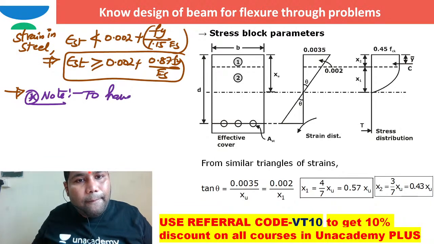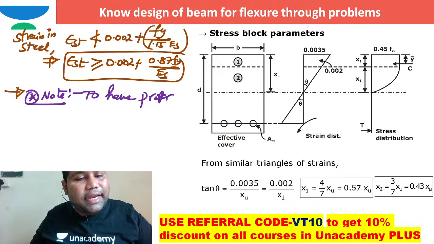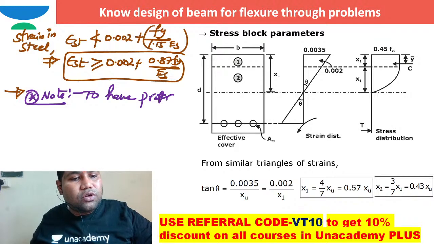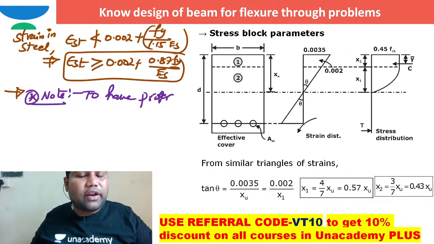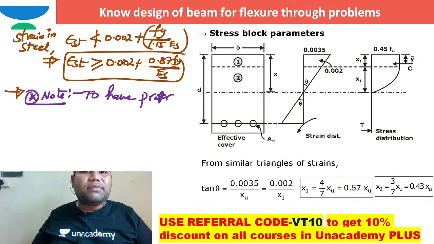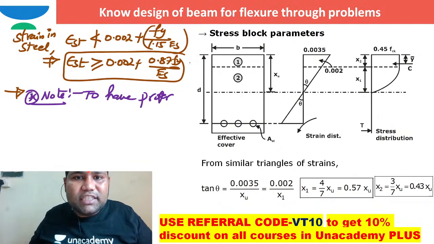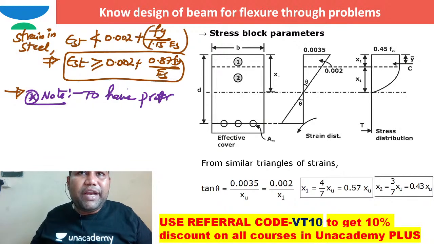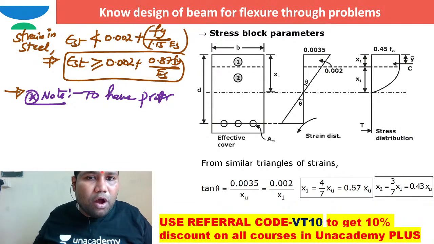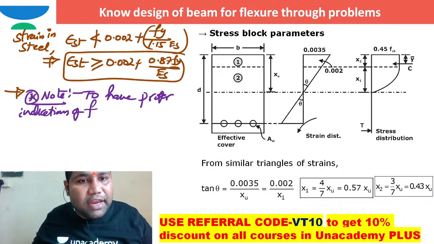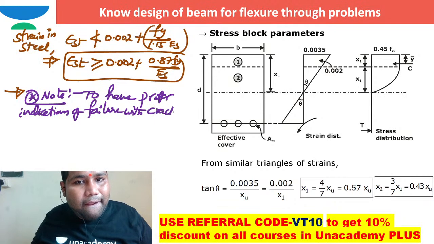To have proper indications of failure, see why we are trying to get this much minimum strain before failure. If the steel has been strained at least this minimum value, it will give more indications before failure, which will result in a ductile failure.